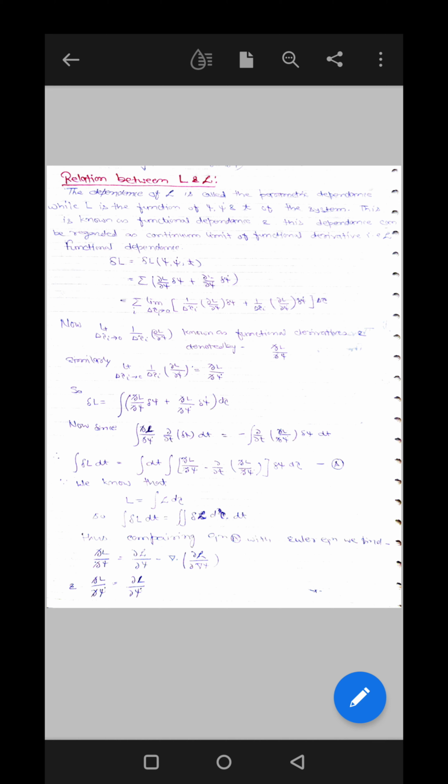Thus, comparing equation number A with the Euler equation, we find del cross L over del cross psi equals del Lagrangian density over del psi minus the divergence of del Lagrangian density over del gradient of psi, and del cross L over del cross psi dot equals del Lagrangian density over del psi dot. These two relations are the relations between the Lagrangian function and the Lagrangian density.